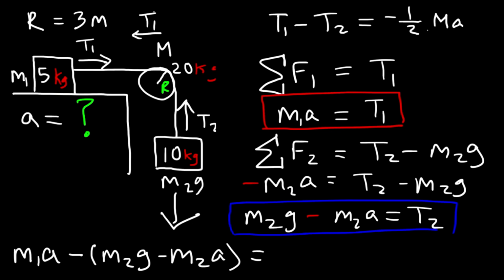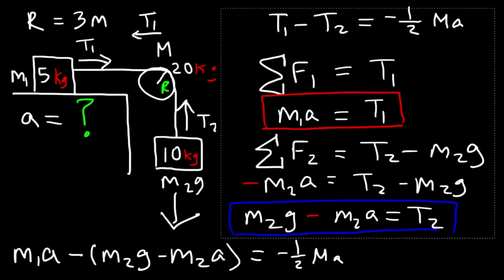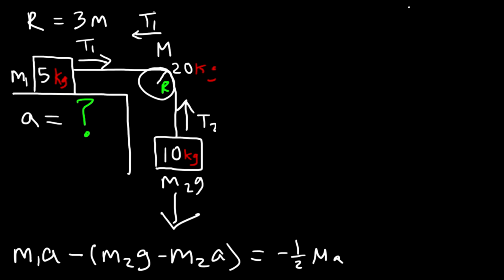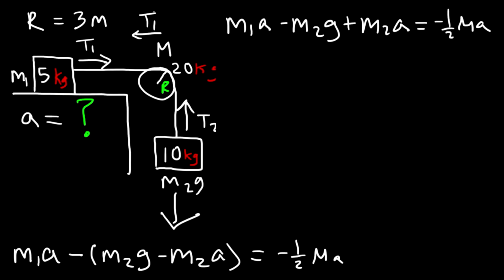And all of that is equal to negative 1/2 MA. So now let's distribute the negative sign. So this is going to be M1A minus M2G plus M2A, and that's equal to negative 1/2 MA.